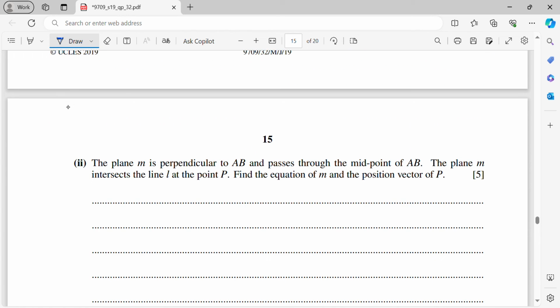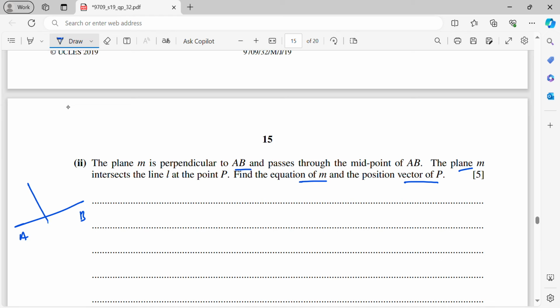Okay, part 2. The plane M is perpendicular to AB and passes through the midpoints of AB. So then, the plane M intersects the line L at point P. Find the equation of M and the position vector of P. Okay, so now, let's say this is the line AB.